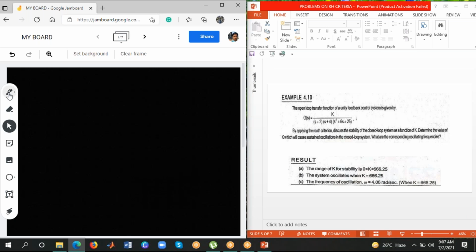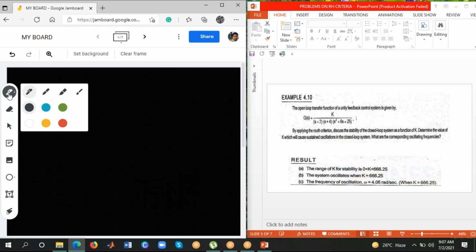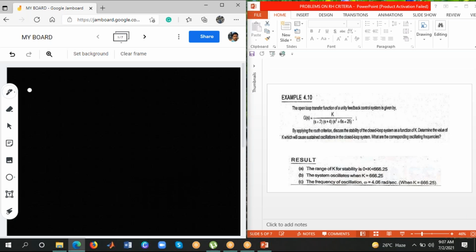The given transfer function is an open loop transfer function. So we have to find the characteristic equation by using the equation 1 plus G of s into H of s equals 0.